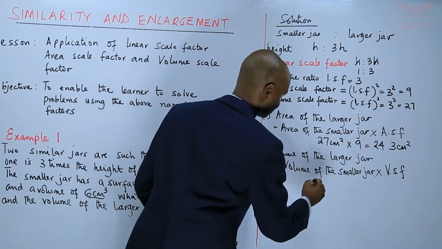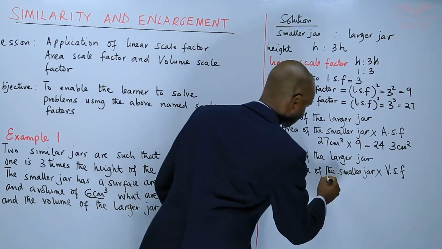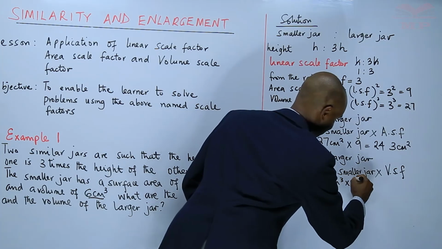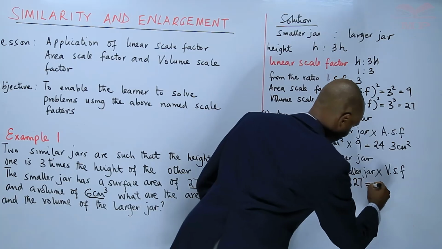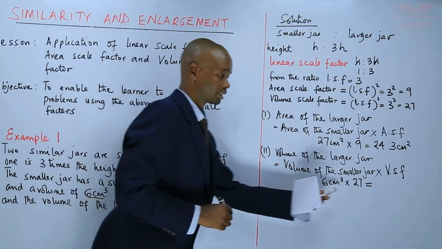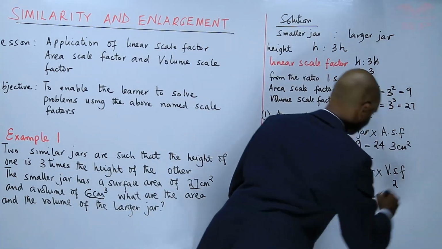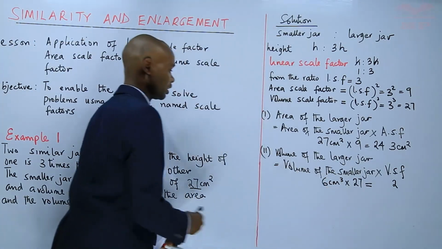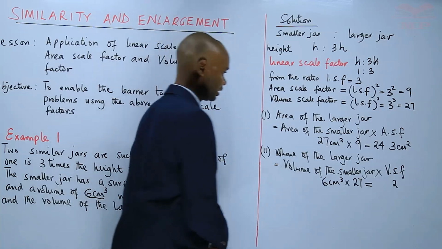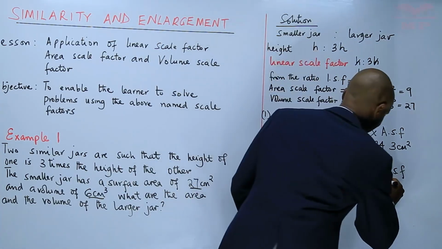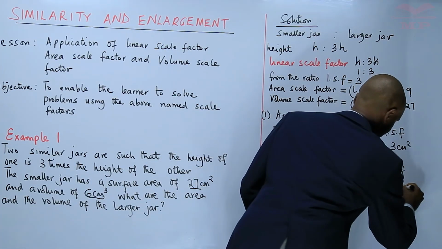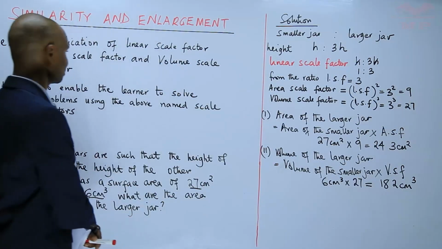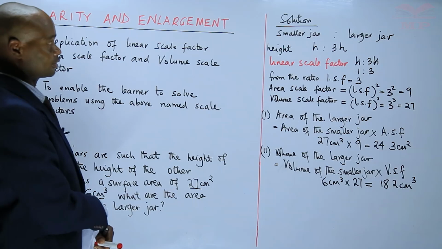So you'll say 6 cubic centimeters times 27. 7 times 6 is 42, carry 4. 6 times 2 is 12. 12 plus 4 is 18. Volume is given in cubic units. So that gives me the volume of that.